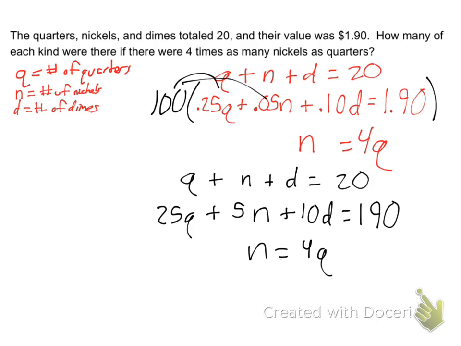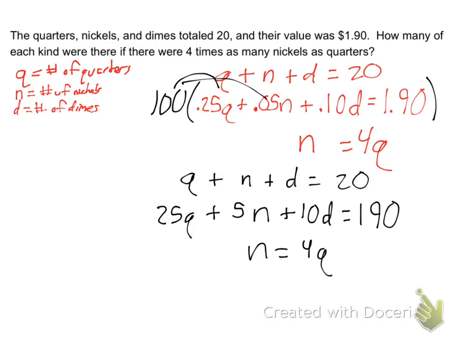Or I just use substitution first, like I talked about the first time, by placing 4Q for N in the top 2 equations. And that's what we're going to do.